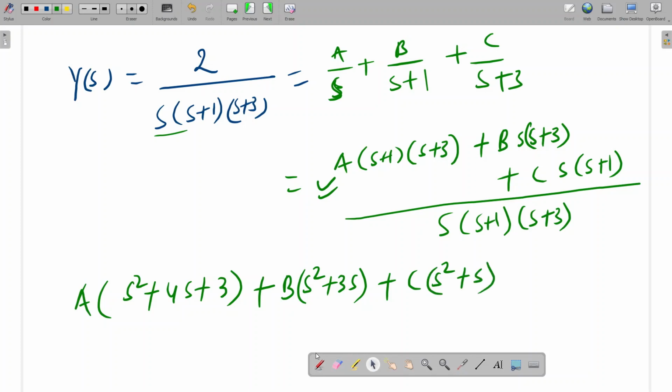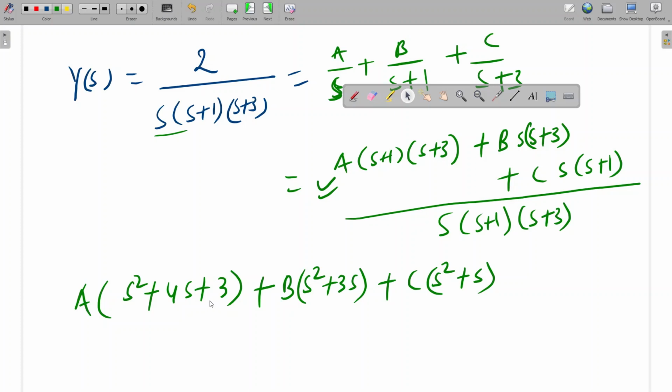So what is the coefficient of s squared? It is A plus B plus C, and on this side the coefficient of s squared is 0. And what is the coefficient of s? Here it is 4A plus 3B plus C equal to 0. Here also the coefficient of s is 0. Only the constant is there.